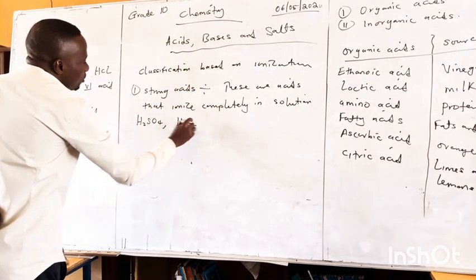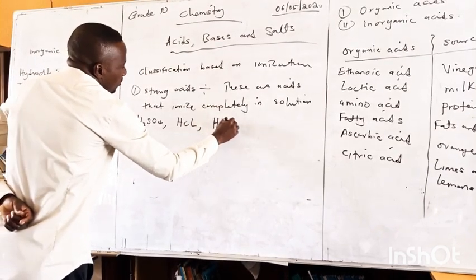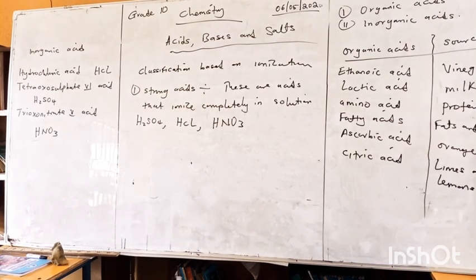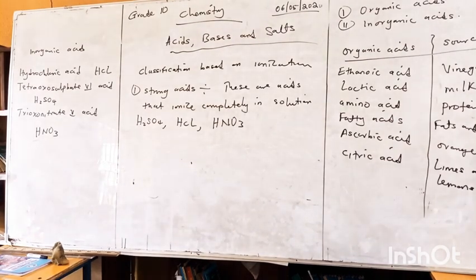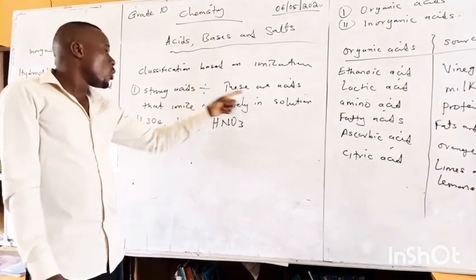HCl, hydrochloric acid, is also a strong acid. Trioxonitrate acid is also a strong acid. We call them strong acid because when you dissolve them in water, they will ionize completely. They will produce large amounts or quantity of hydrogen. That's why we call them strong acid.